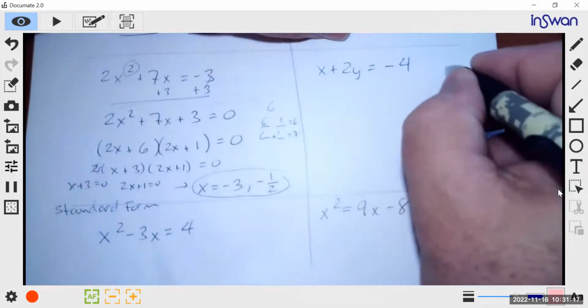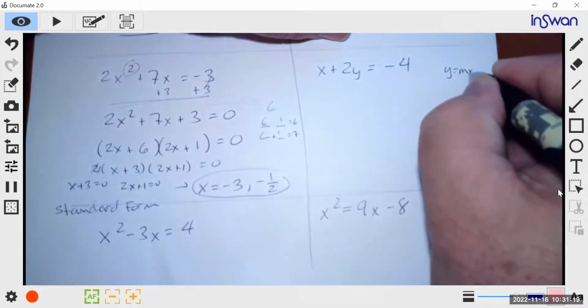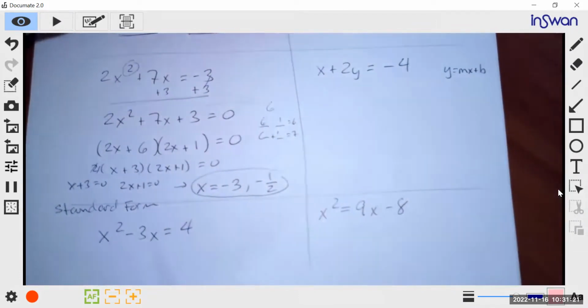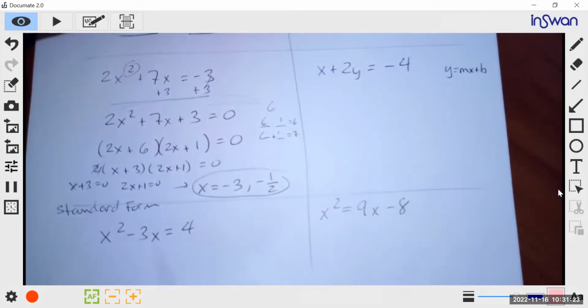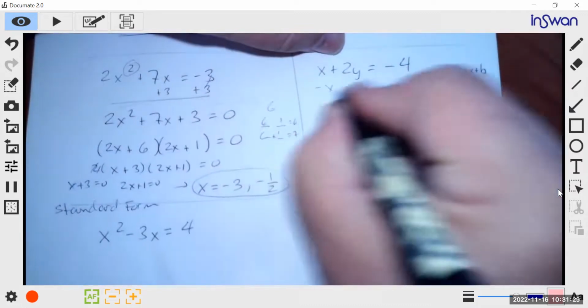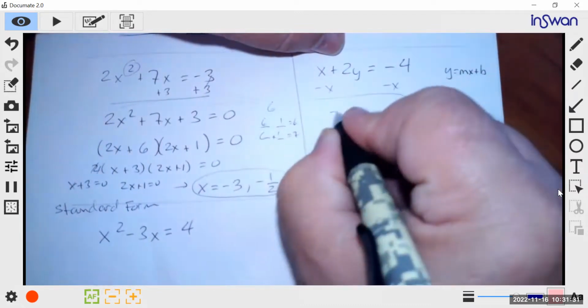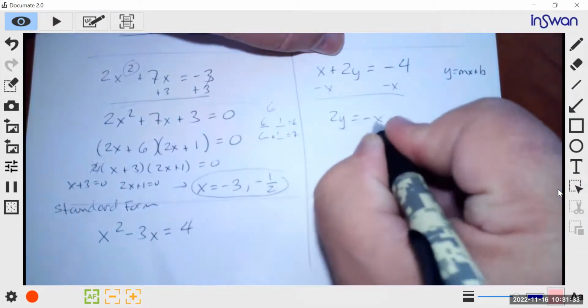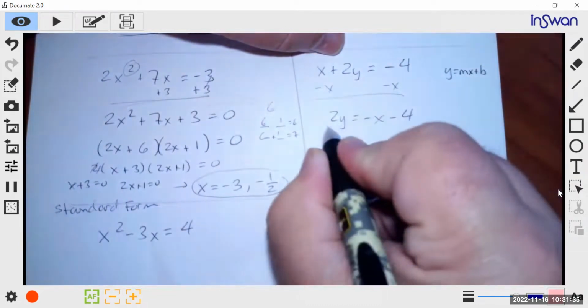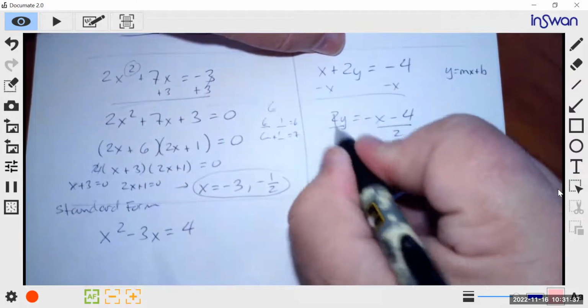If it's linear, we have to solve for y. So we subtract an x from both sides. 2y equals -x minus 4, divided by 2.